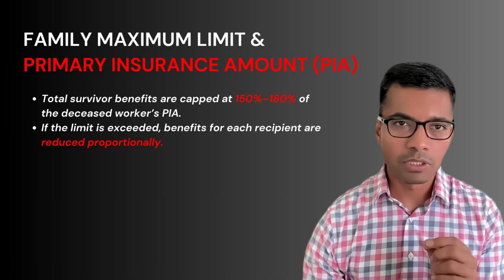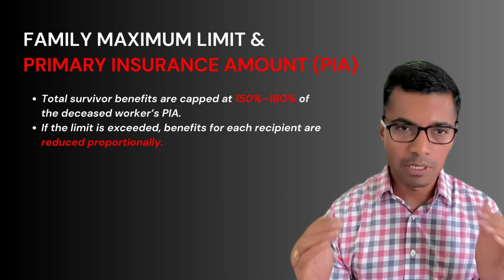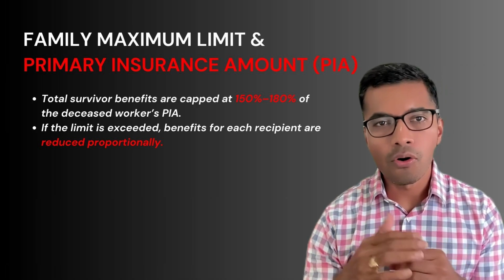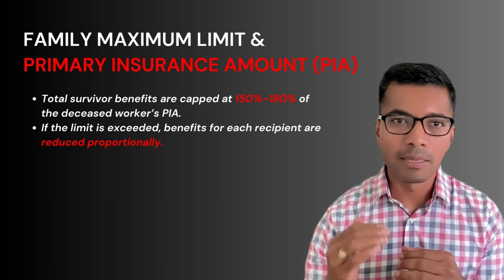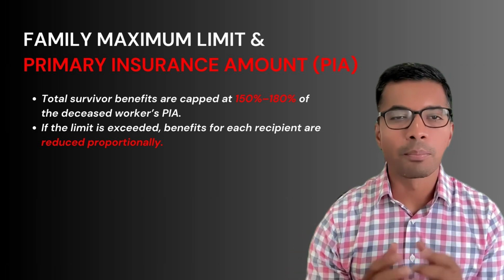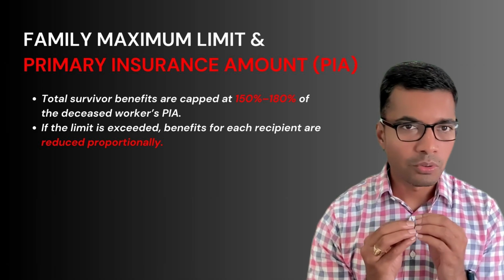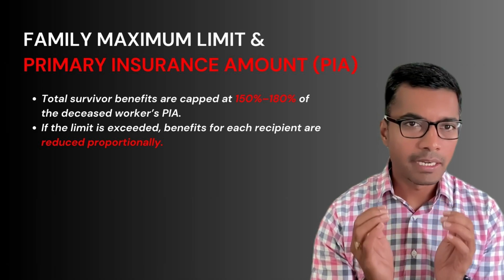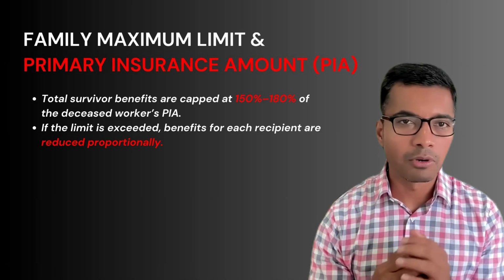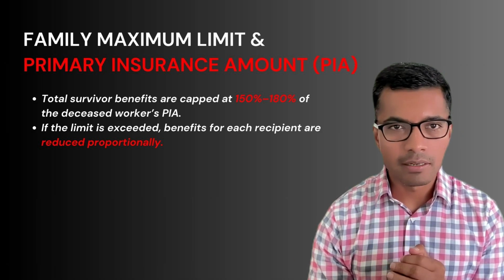However, there is something called a family maximum limit. The total survivor benefits applied to all the family members is limited to anywhere between 150% and 180% of the deceased's PIA. There is a rough calculation behind this, and there is a calculator available on the SSA website.